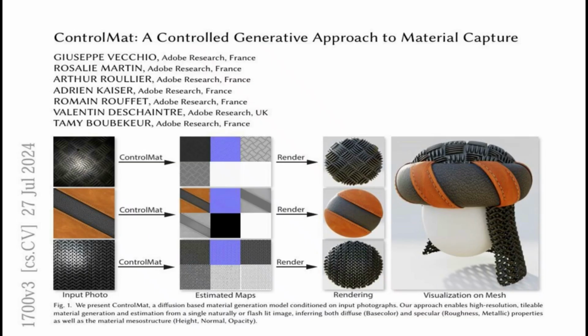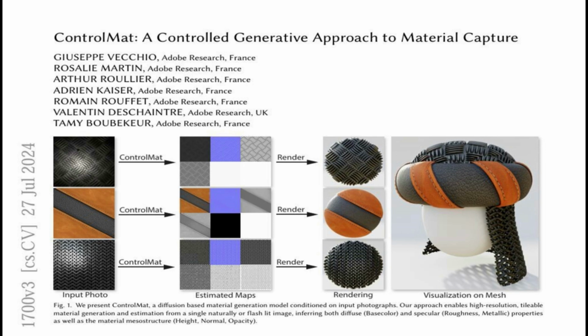Okay, next paper, it is on ControlMat, a controlled generative approach to material capture. Difference: the process of creating realistic digital materials such as wood, metal, or fabric has always required manual effort or complex lighting setups.